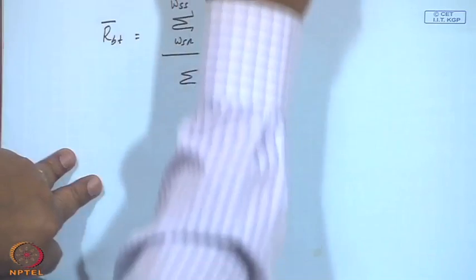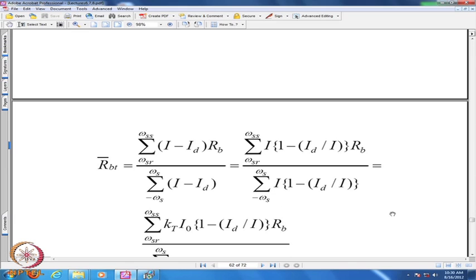In fact, we have written it like this earlier when we were trying to prove that the extraterrestrial calculation is close to the terrestrial calculation if the daily clearness index is uniform throughout the day.